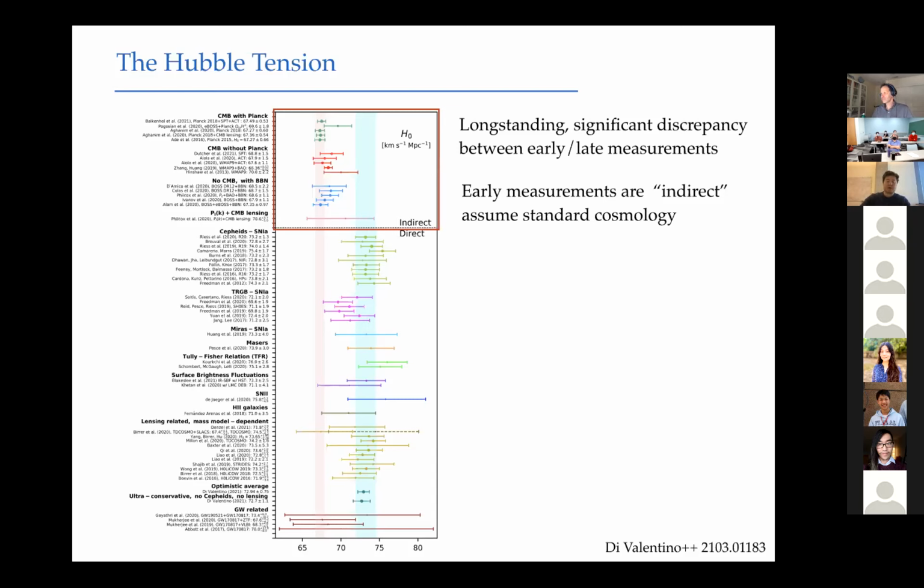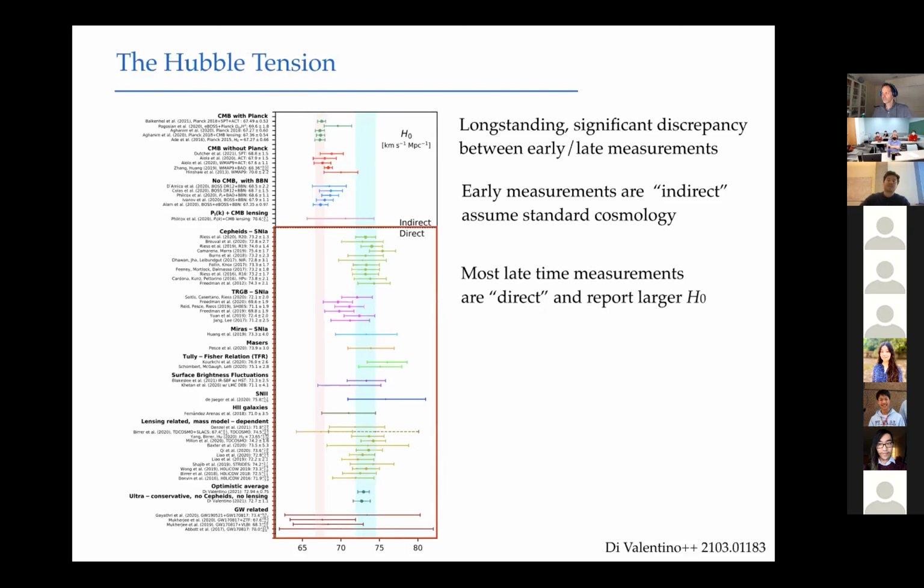So this is a model dependent measurement of H0. And then, of course, we have late time measurements, which are really just getting at the expansion rate of the universe today, getting the distance redshift relation, calibrating it appropriately using a variety of techniques. And these, of course, get the larger value of H0, at least on average they do.